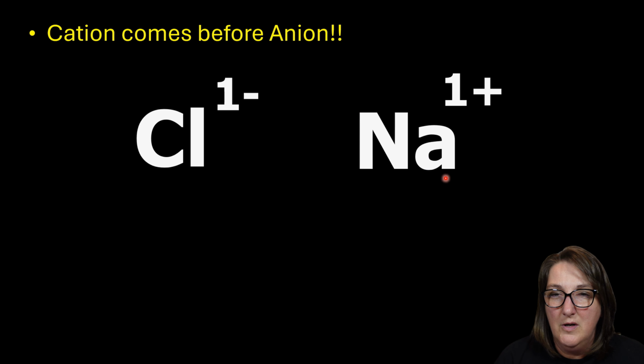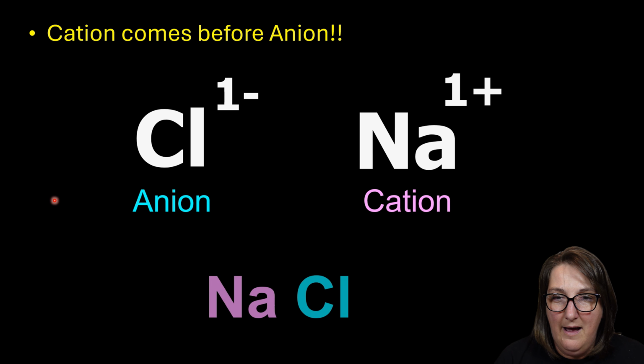Okay, so sodium will go down first, and then my anion will go next. So I will write out NaCl. I got to show my charge, my oxidation number. So I would do a plus and a minus. This is showing this is an ionic bond and that I have a pull together in this bond due to these charges.